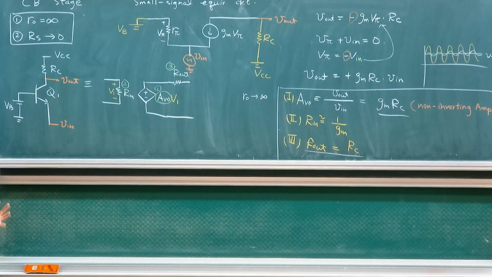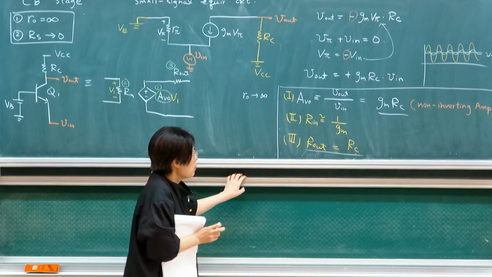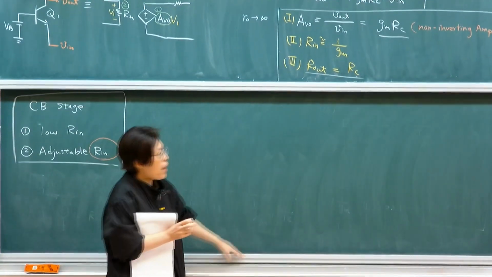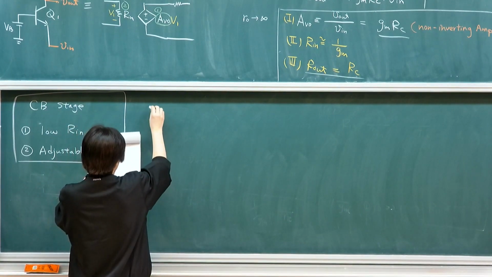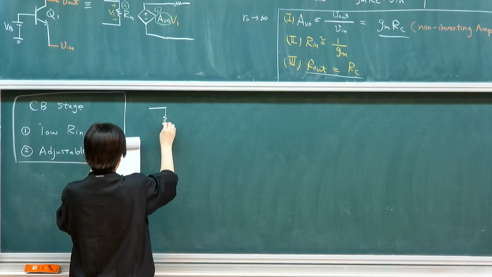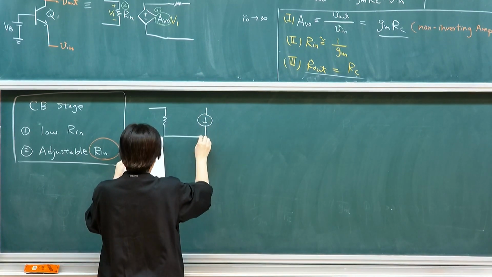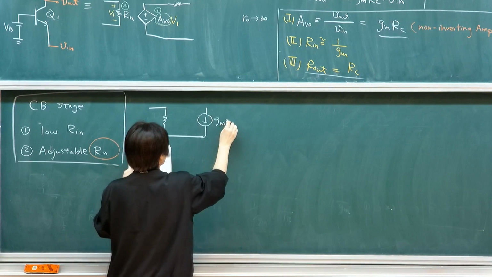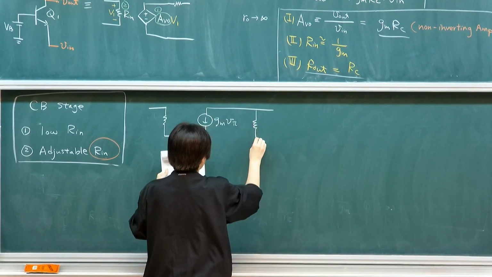What is the impact, especially on input resistance? How does it impact the input resistance? So the way to do this is that you could actually do the more complicated structure. I'm just going to write down how you do the exercise on your own.